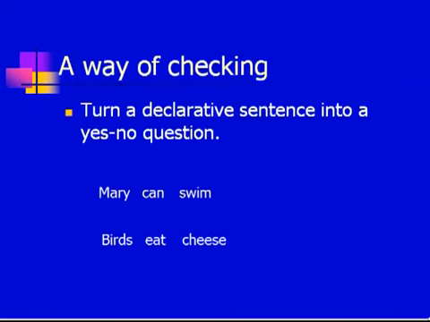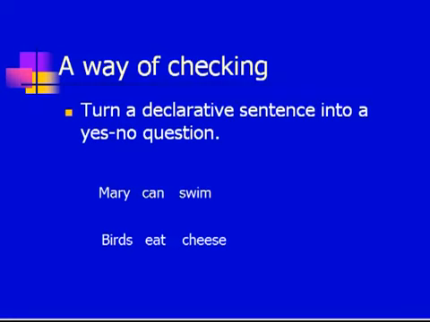Okay, well, how can you check if you're not sure whether you're dealing with an auxiliary or a main verb? Well, the straightforward way to do that is to turn a declarative sentence, that is a sentence that makes a statement, into a yes-no question. So here we've got 2 statements, 2 declarative sentences.